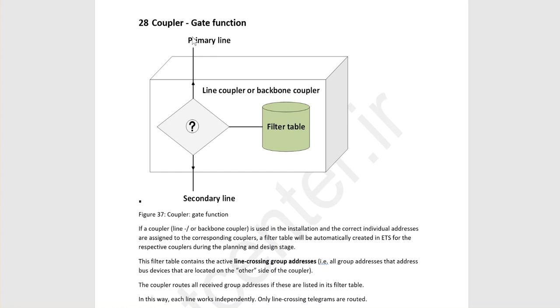The ETS provides the filter table, so it allows routing the telegrams between the devices or between the lines and areas, and it blocks the rest of the telegrams with the destination of those group addresses. So anyway, the filter table is provided automatically by the ETS, and later you can see that we can add or delete entries manually, of course, in ETS. Yeah. Okay.